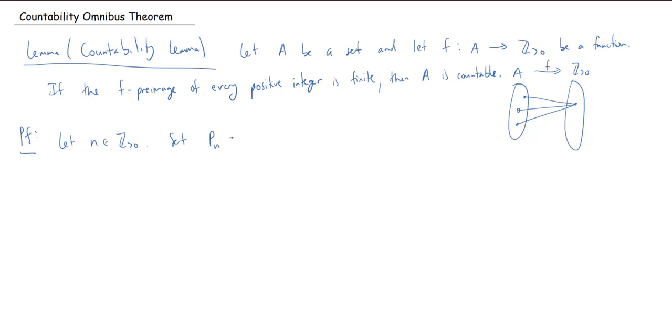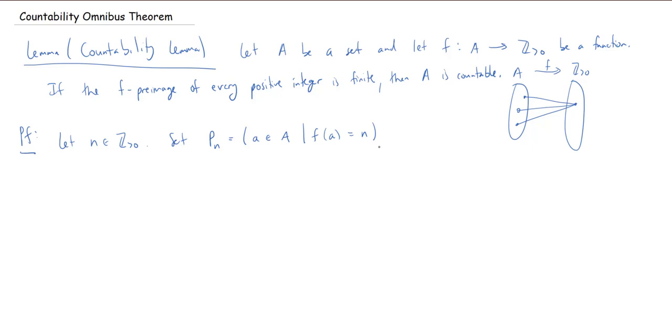So P sub n is going to be a list, all right? So it's actually like a set, but there's an ordering, so I use this parenthesis notation in that case. And I'm going to look at all the elements in A, call them little a, such that when I apply this function f to little a, I get the number n.